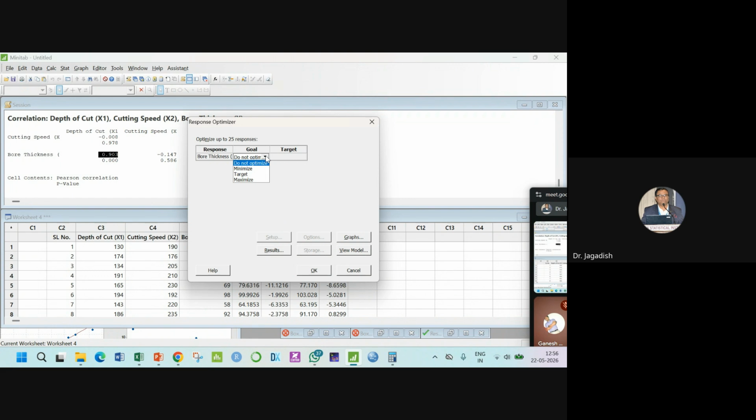If you want to optimize, you keep a target value, or if you want maximization, you keep the maximization objective, or if you want minimization, you do that.